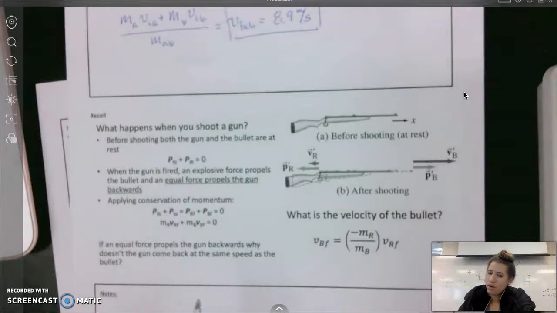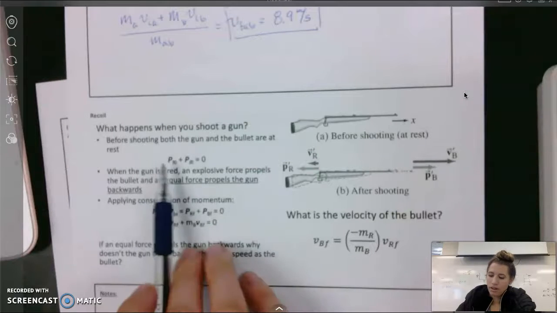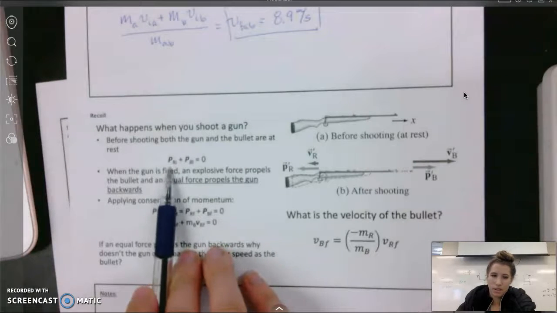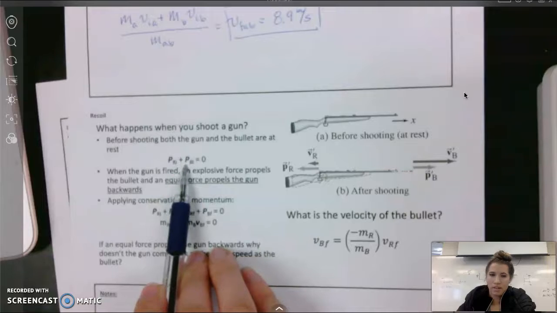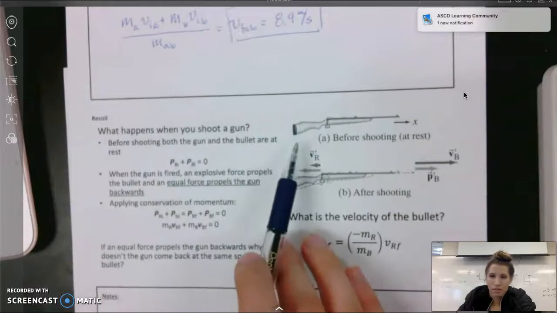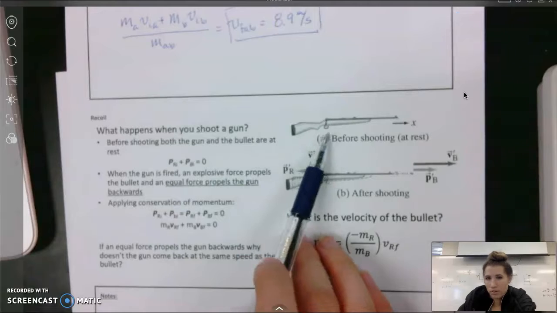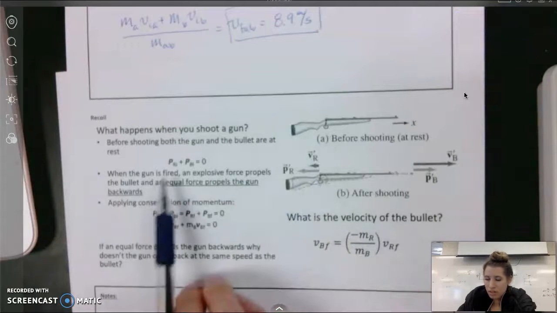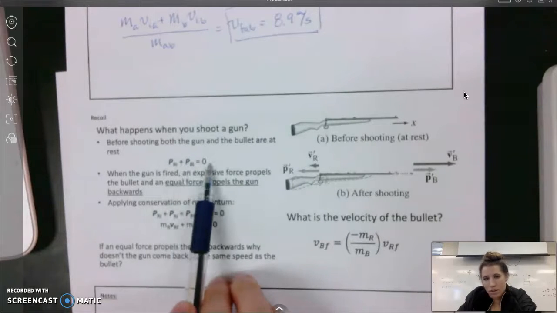And so our initial momentum would be the initial momentum of the gun or the rifle plus the initial momentum of the bullet. But they're not moving anywhere, right? The velocity of both of them is 0. And so that's 0, so combined they equal 0.